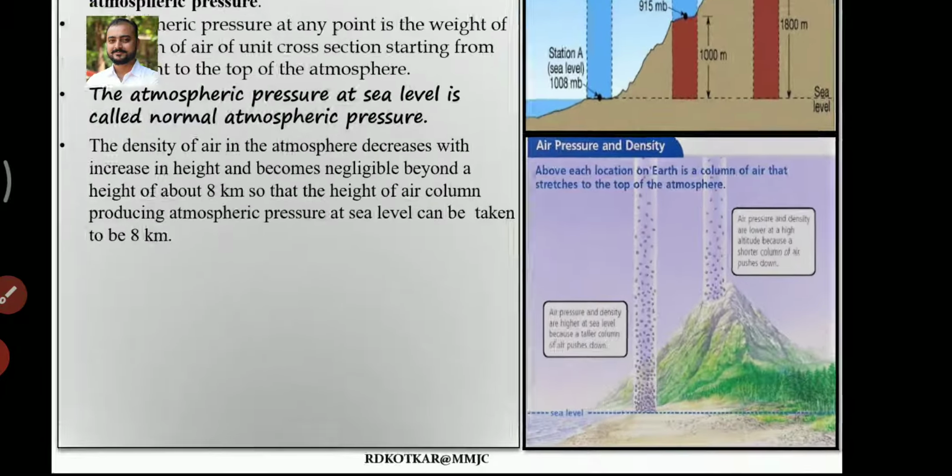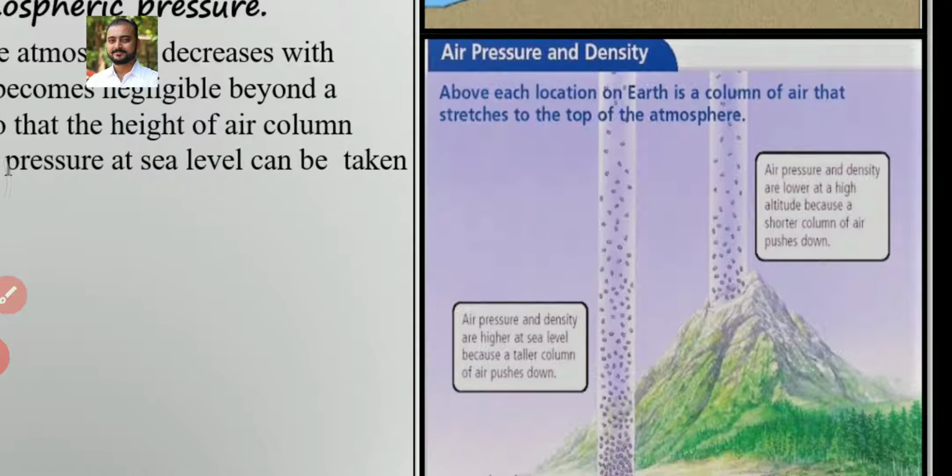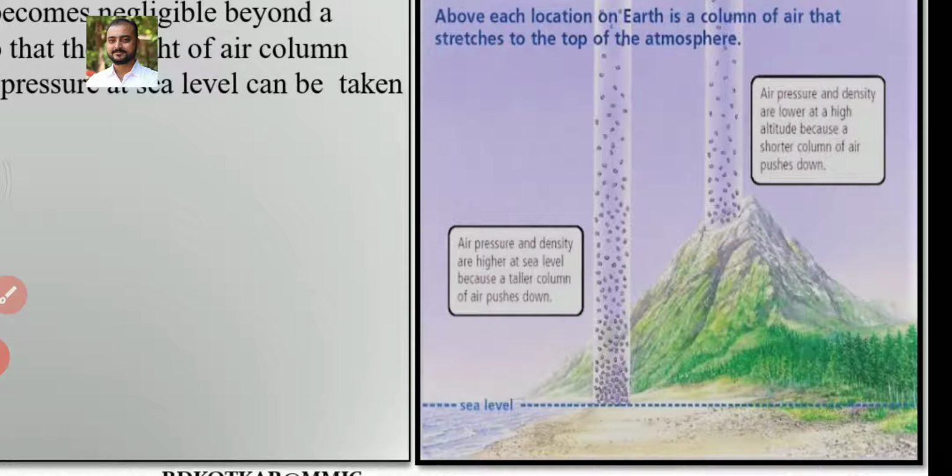As you observe in this diagram, carefully look at the density of air particles. This is the sea level, which is closer to the earth's surface, where the air molecules are present in more density, meaning a large number of molecules are present close to the earth's surface.